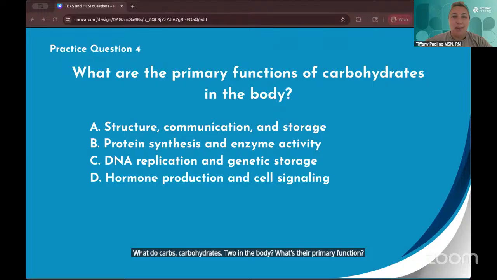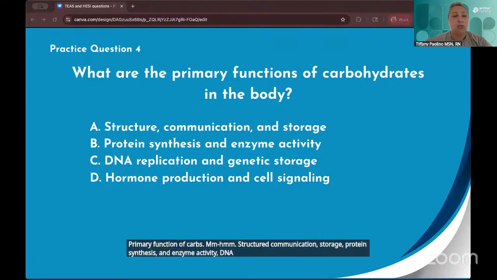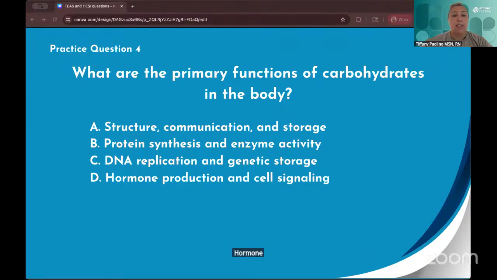Take less than a minute here. That's why I'm going kind of fast. Primary function of carbs. The options are: structure, communication, storage; protein synthesis and enzyme activity; DNA replication, genetic storage; hormone production and cell signaling.